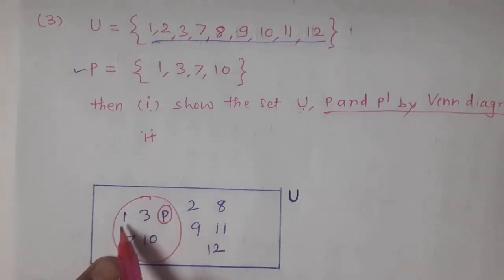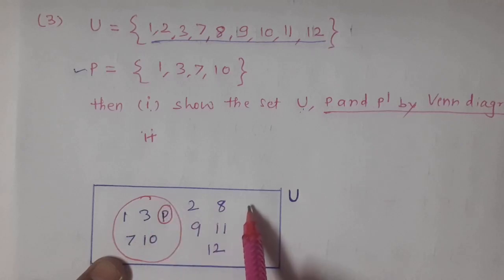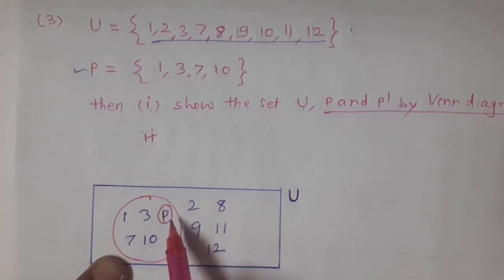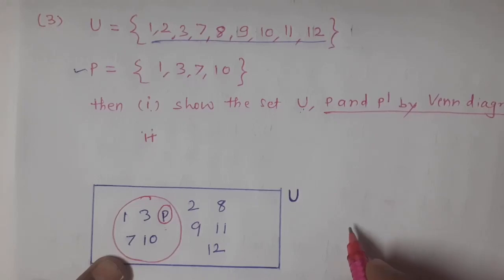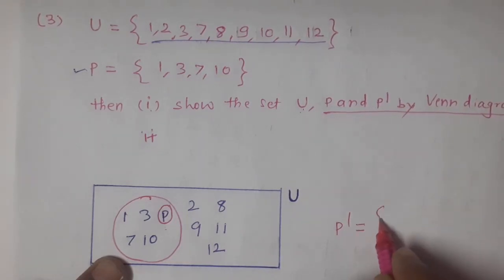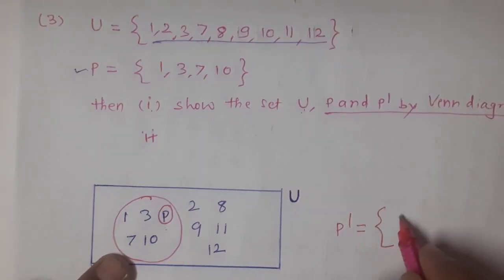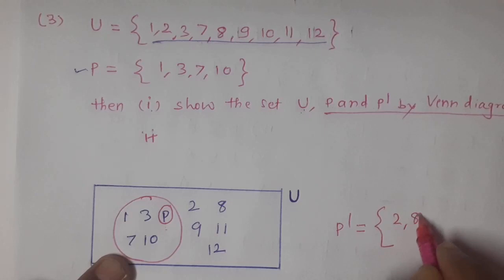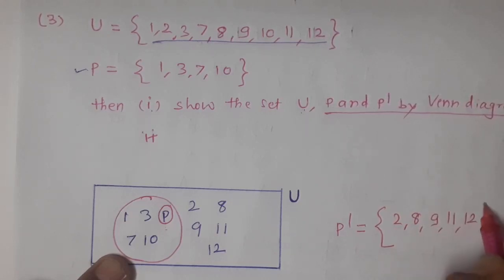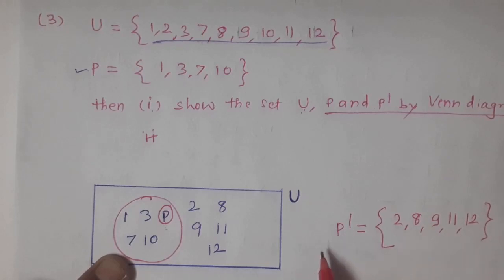Beside this subset's elements, all the elements should be P dash, or the complement of P. So what is P dash? P dash is equal to the elements 2, 8, 9, 11, 12. This is P dash.